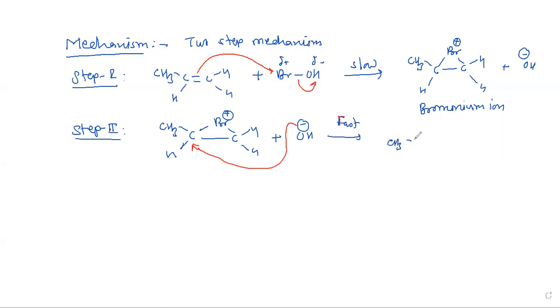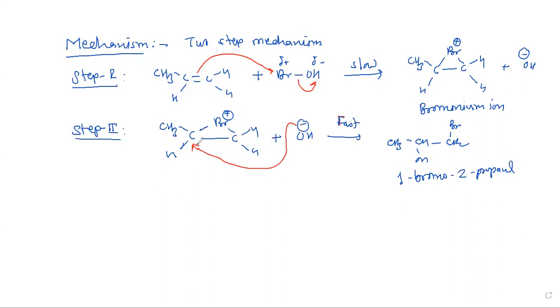So you will get this product, CH3CHOH and CH2Br, that is 1-bromo-2-propanol. So in the second step, there is nucleophilic attack of OH minus on the more substituted carbon atom.